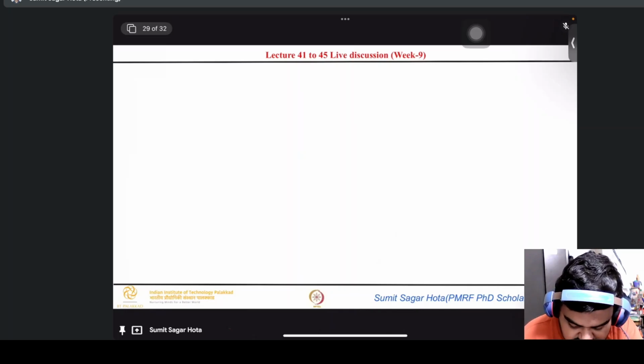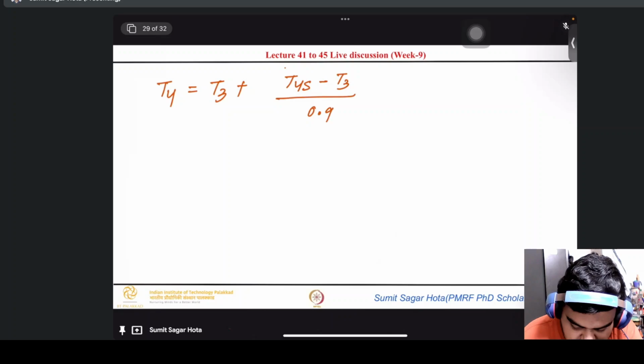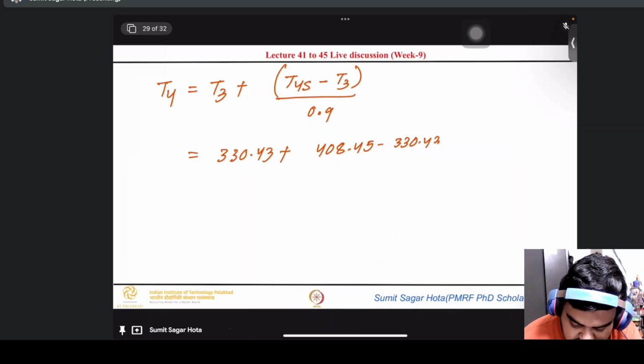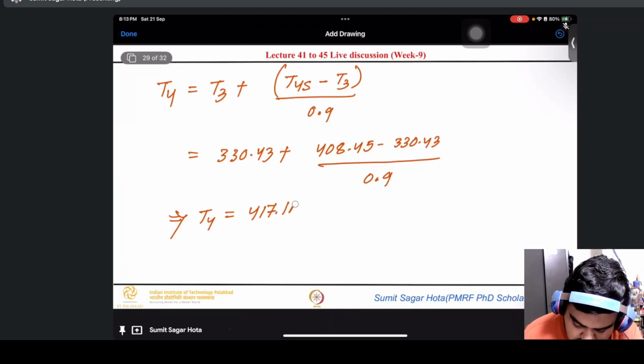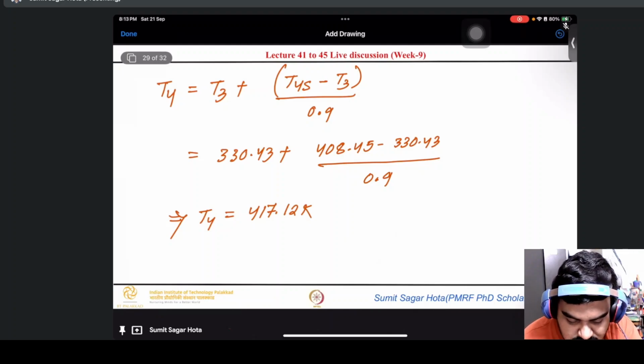Okay, so what is T4? T4 is equal to T3 plus (T4s minus T3) divided by 0.9, that is 330.43 plus (408.45 minus 330.43) divided by 0.9. So T4 is equal to 417.12 Kelvin.